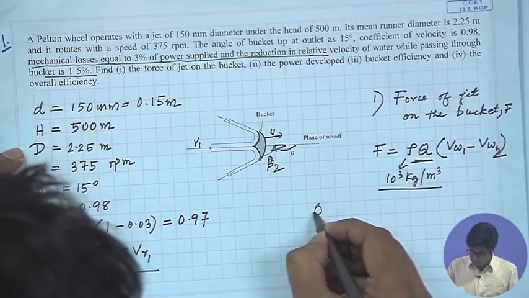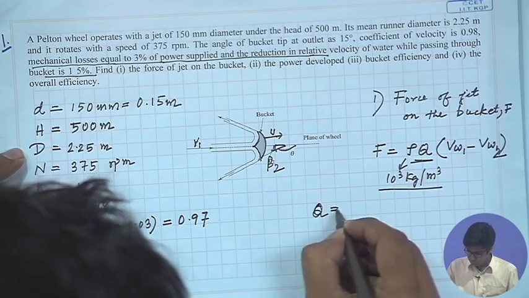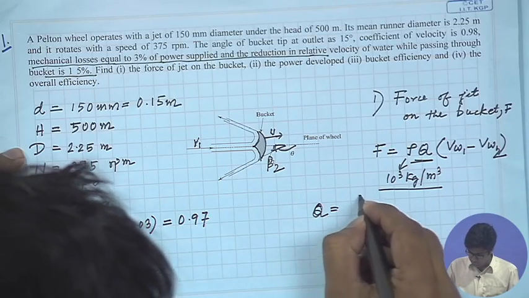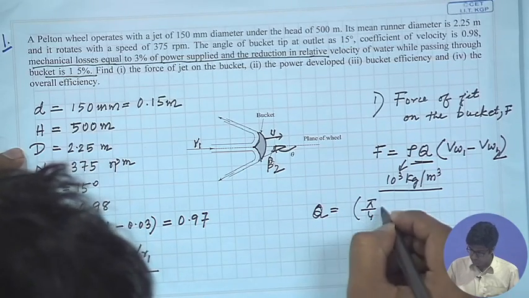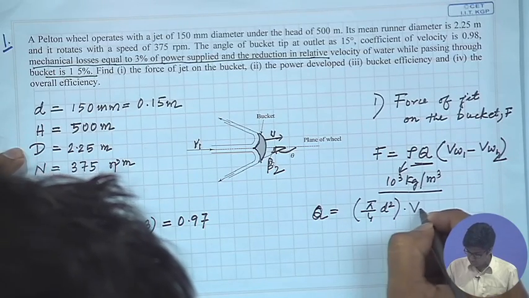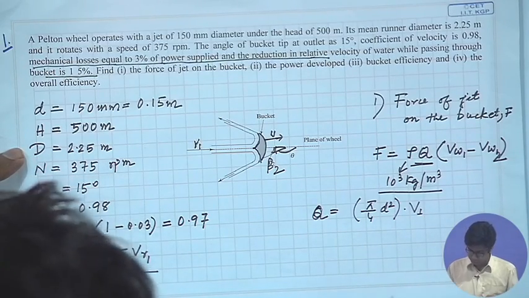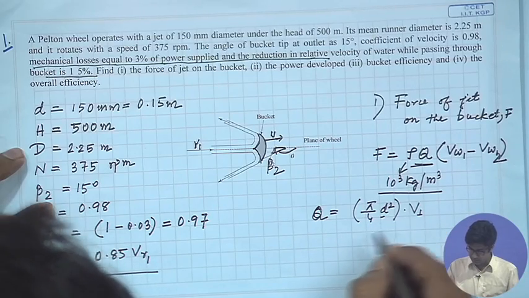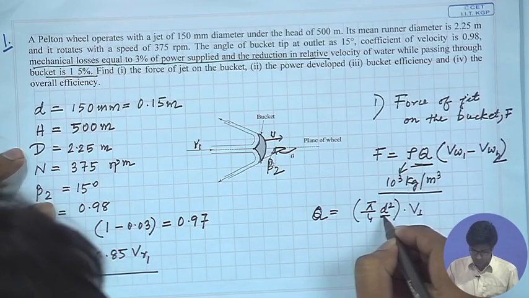So for the flow rate, we know it is given by pi by 4 d squared into the jet velocity, where d is the diameter of the jet. We have been given this value.